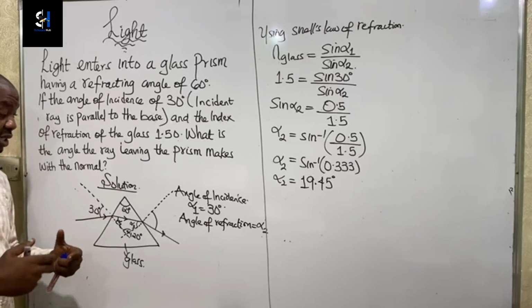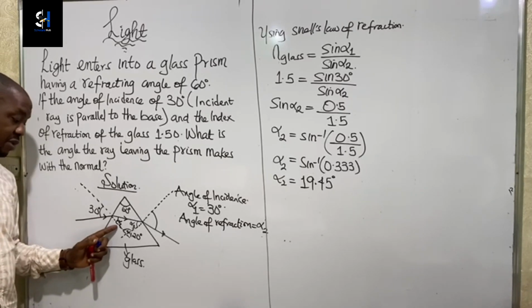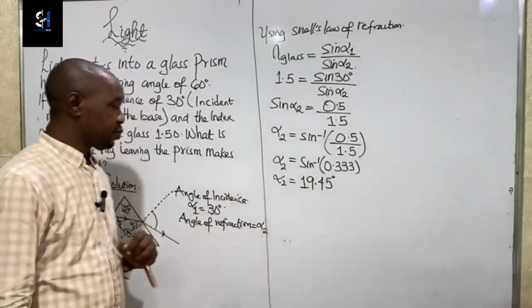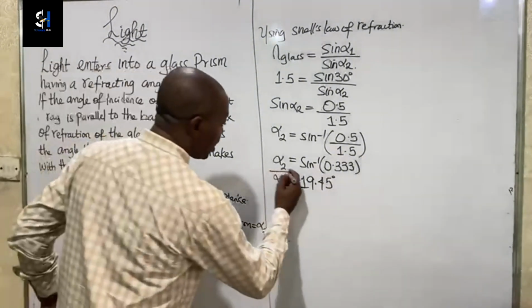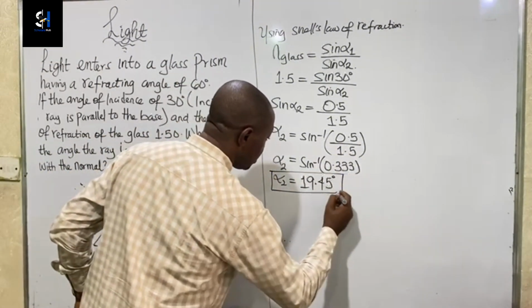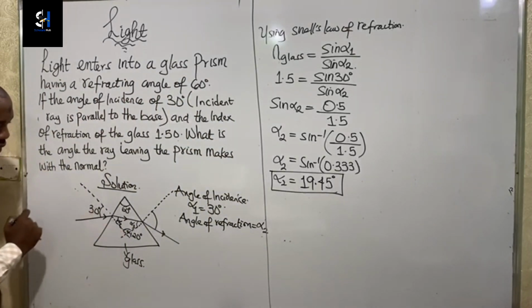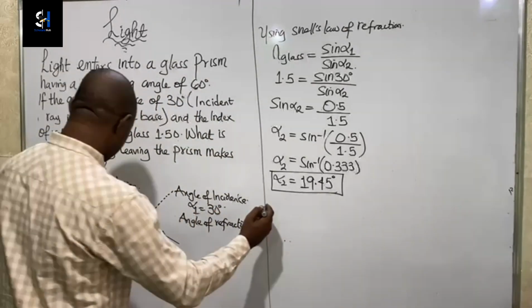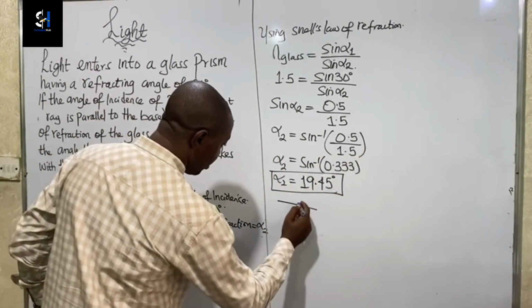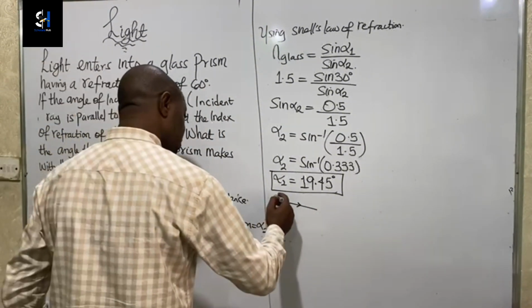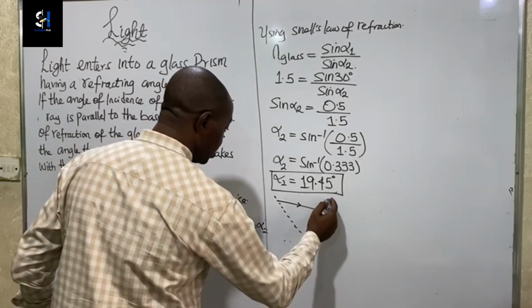The direction of travel makes an angle with this apparent ray, and that's alpha 2. Now, we have here that this angle is 120 degrees. So we have the refracting light, and we have the apparent rays.